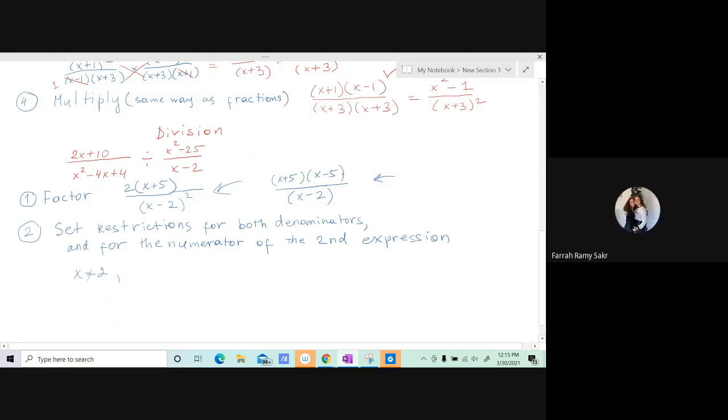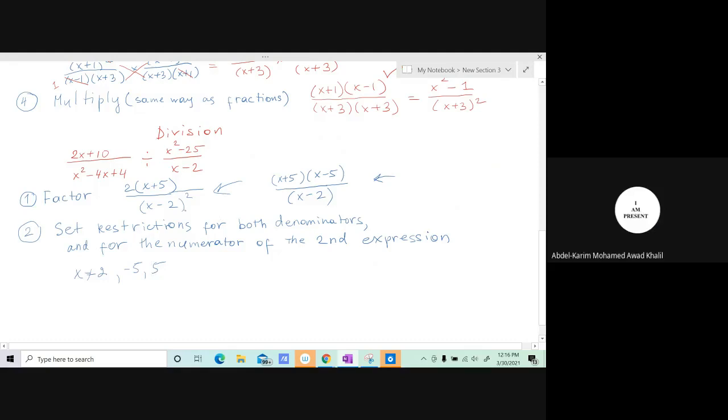X should not be equal to -5 and 5. Exactly. And what about the last denominator? X can't be equal to 2, which is already listed, so you don't need to repeat it. So bottom line, we have 3 restrictions here: +2, -5, +5. Guys, do you have questions about this part?